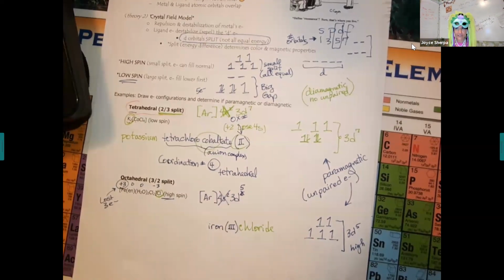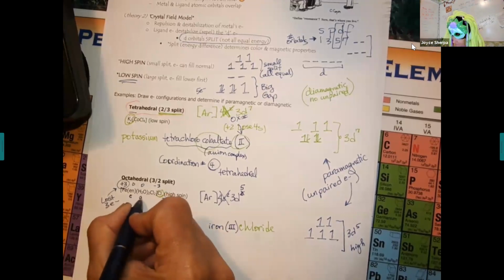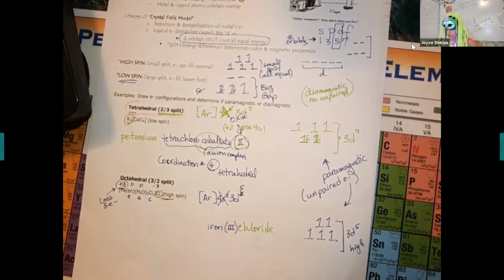Or again, you can say ferric, because that's what iron 3 is called. Right, and then the ligands. That starts with E, that starts with A, that starts with C. You put them alphabetical. I don't know why when they write them, they just put them in a random order. So you can put them alphabetical too.